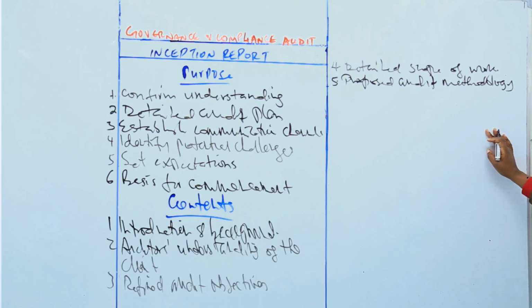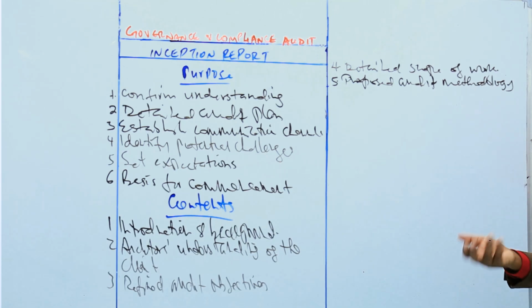It may also include data collection methods, specifics on how information will be gathered, for example, document reviews, interviews with specific personnel, process walkthroughs. It could be through observation or data analytics tools. It could be through review of internal audit reports, regulatory filings, and so on.